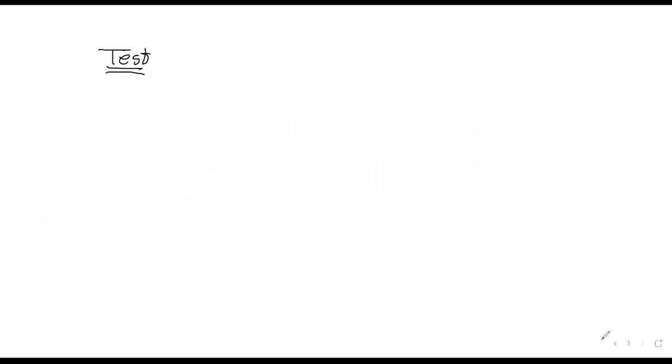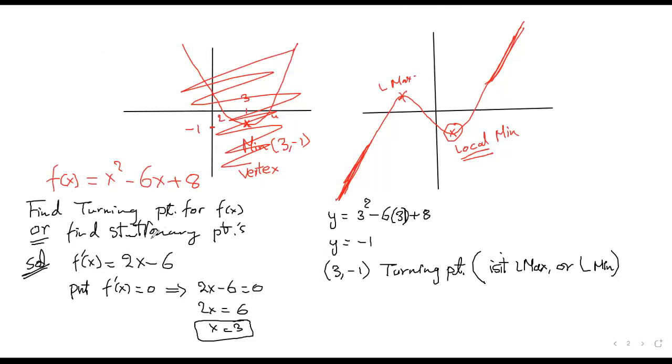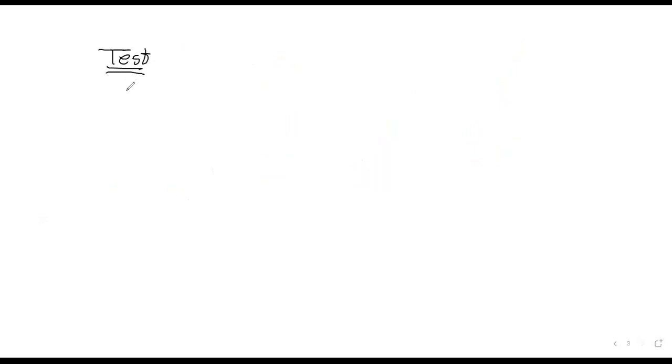In this question, we were asked to find the turning point only. We found the turning point, but is it a local maximum or a local minimum? We don't need to graph. We cannot graph, let's say. How can I tell, is it maximum or minimum without graphing? Mathematicians have invented a test for that.